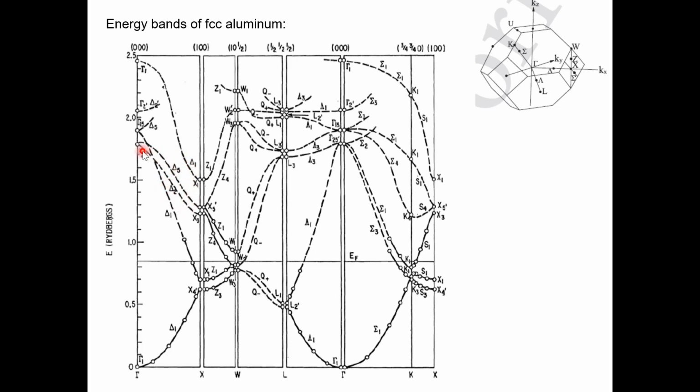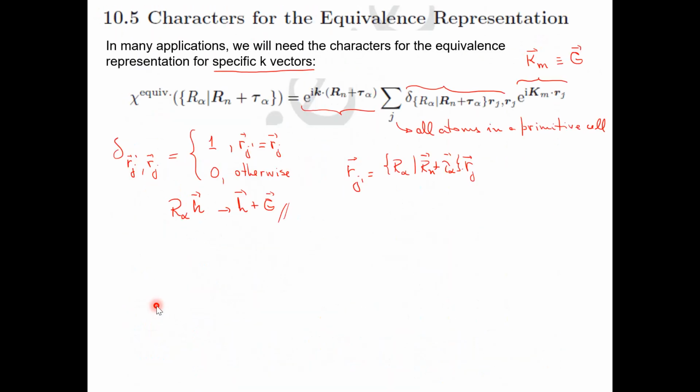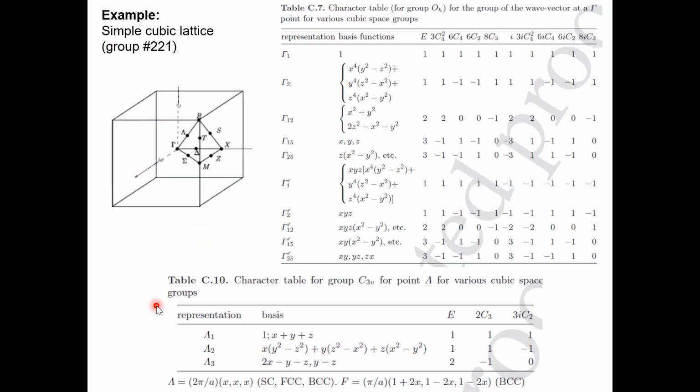We are going to discuss that in more detail, but this is just a consequence of the fact that the group of the wave vector along delta is smaller than the group of the wave vector at the gamma point. So we've seen that already, right? The group of the wave vector, this is for the diamond structure, not the FCC aluminum structure, but it's the same idea.